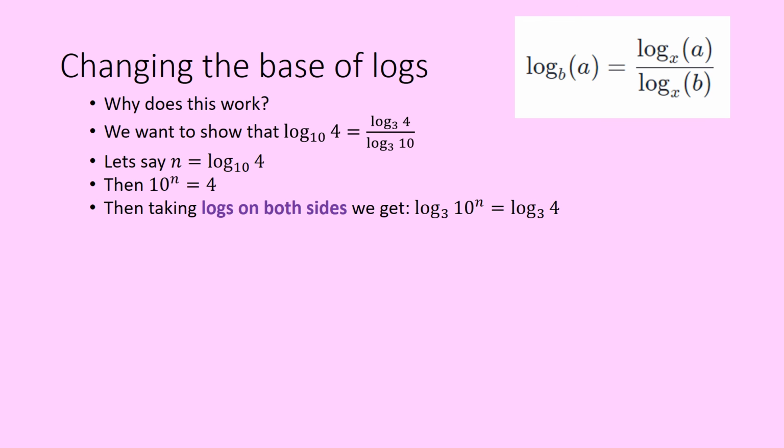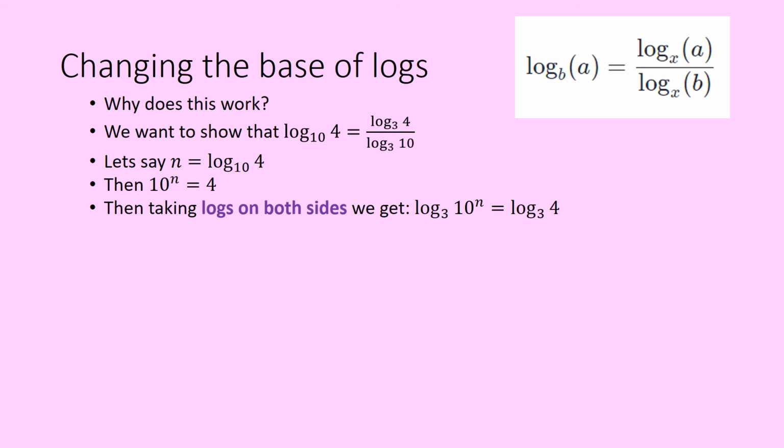So if we take log base 3 of both sides of our equation, we get log base 3 of 10 to the power of n is equal to log base 3 of 4. All I've done in that step is take log base 3 on the left-hand side, and log base 3 on the right-hand side of 10 to the power of n equals 4.